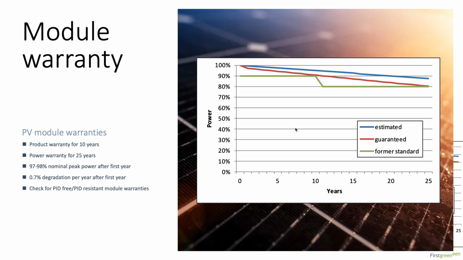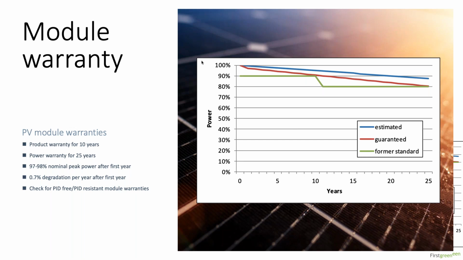Previously people used to give step warranties, like 90% in the first 10 years and the balance 10% degradation in the rest of the 15 years. So that used to be the language. It means even if in 2 years your module has degraded by 10%, you are not liable to penalize the module supplier.